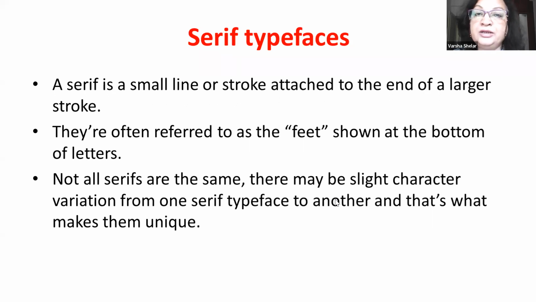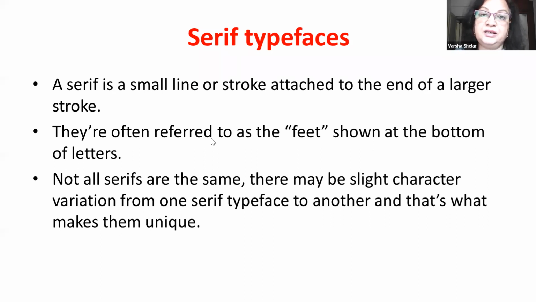Serif is a small line or stroke attached to the bottom of the straight vertical stroke. They are often referred to as the feet shown at the bottom of the letters. Now here also, not all serifs are the same. There will be a slight variation in the serifs, and we'll be looking at what different kinds of serifs there are.